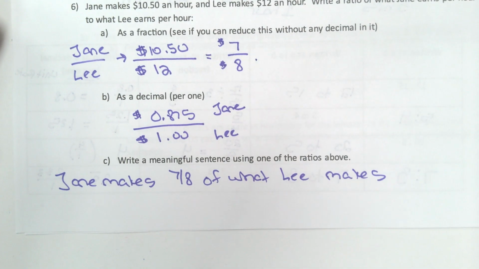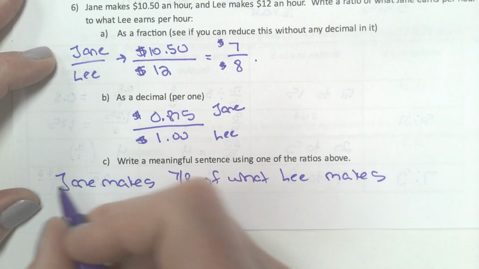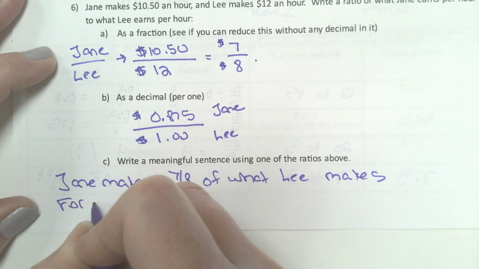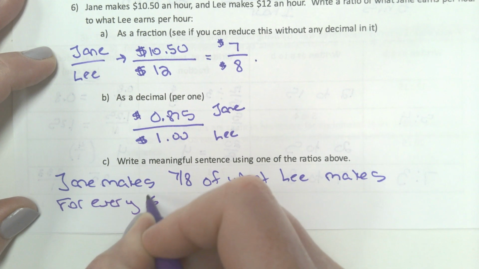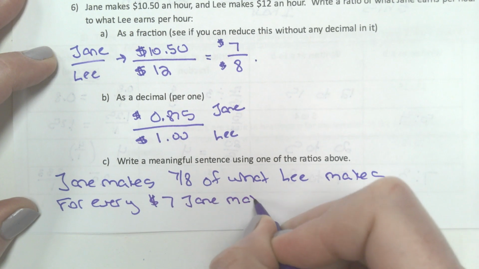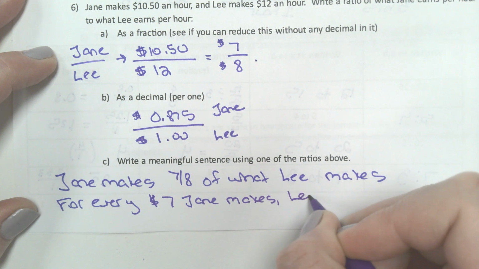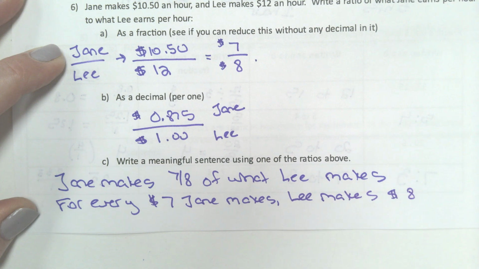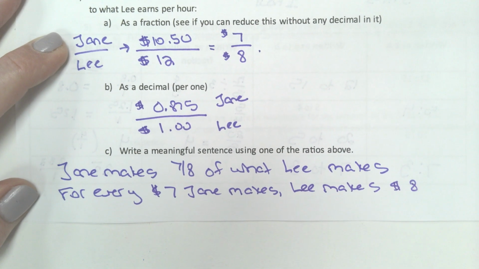Using the $7 and the $8, you could say for every $7 Jane makes, Lee makes $8.